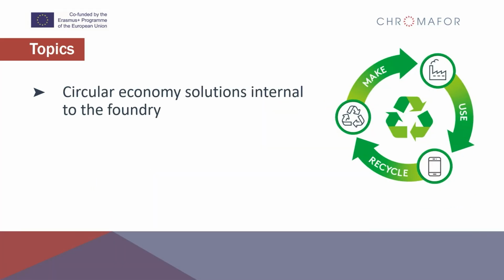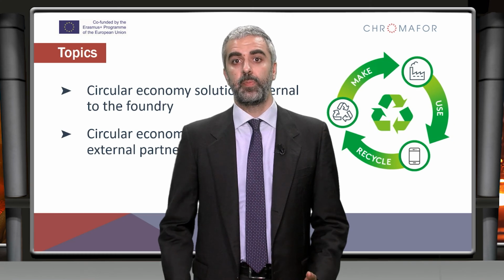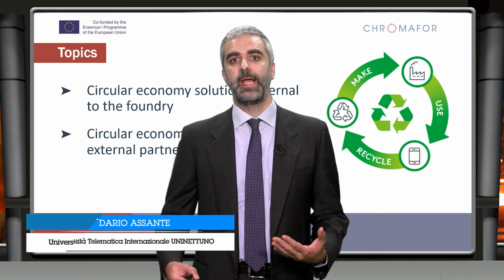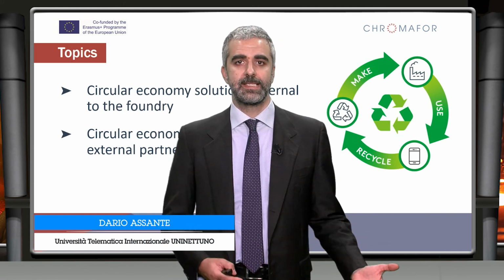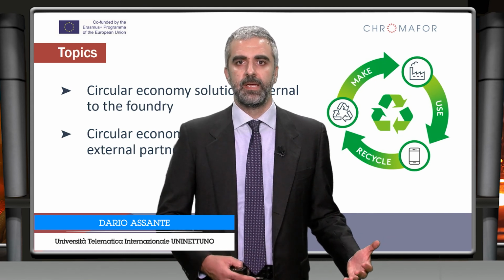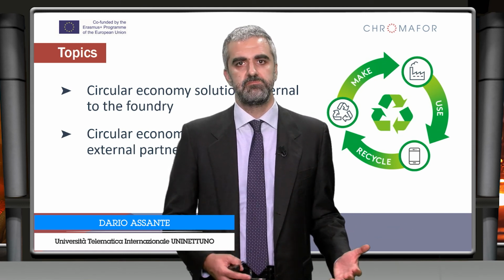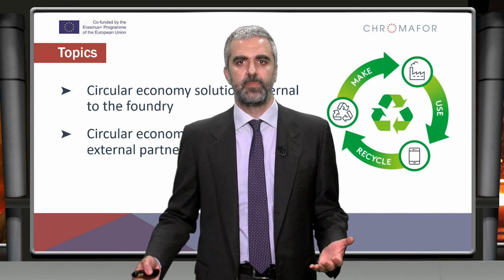The unit is divided into two topics: circular economy solutions internal to the foundry and circular economy solutions involving external partners. Basically, we have divided the unit in two parts because we have two main categories of technical solution. On one side, the solutions that can be adopted autonomously by the foundry, so the foundry just has to decide when and how to adopt them.